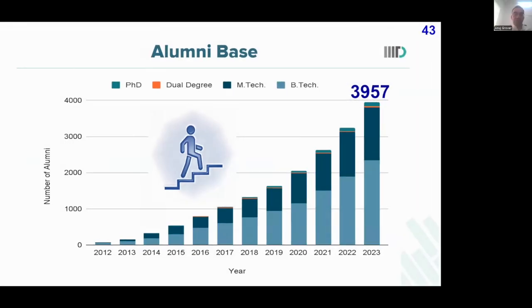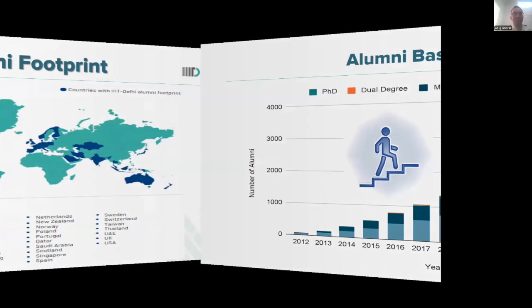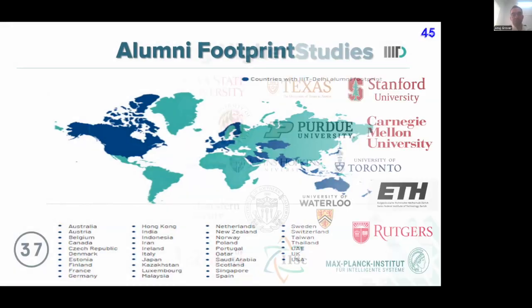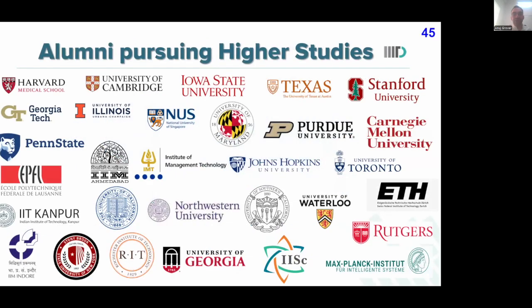Our alumni base, so this is definitely an old slide. Today we had our convocation and we graduated another 760 students today. So our graduated students and the alumni base today stands at more than 4,600 students. Our alumni are spread all over the world, and many of our alumni are pursuing higher studies at the best universities across the world.